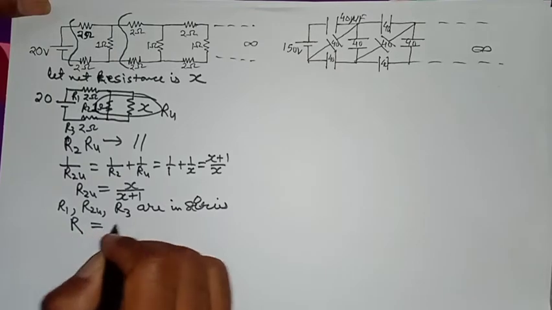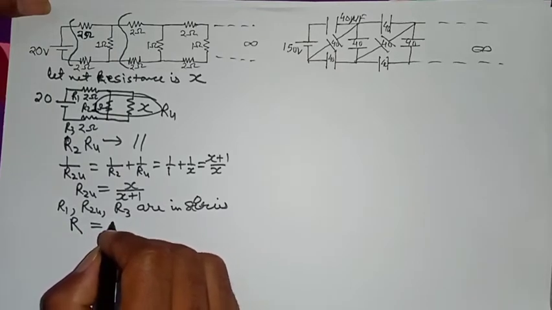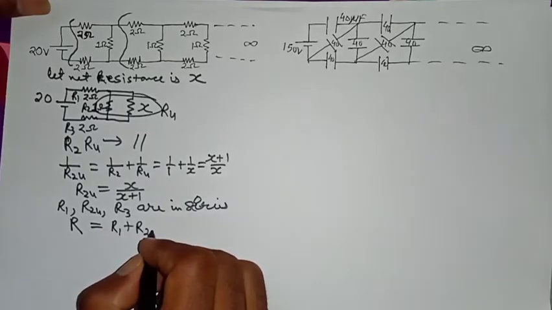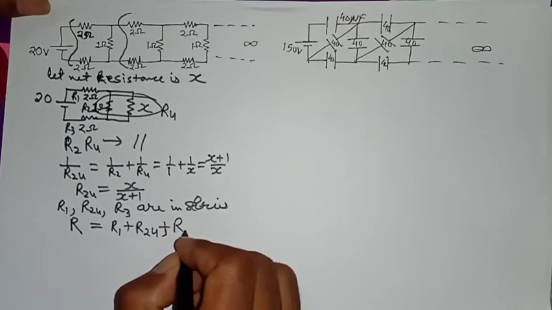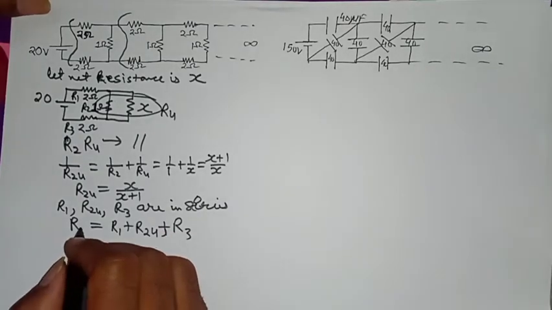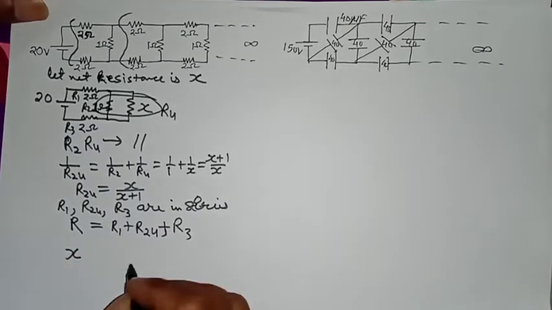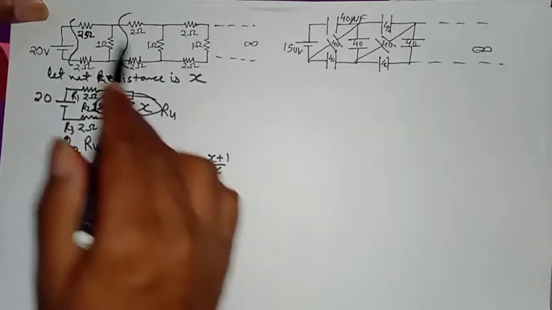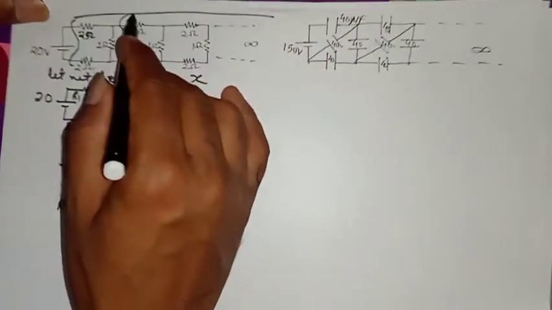So R is equal to R1 plus R24 plus R3. And guess what? This R is itself X. Actually, net resistance is X. This one is X, so this one is also X.